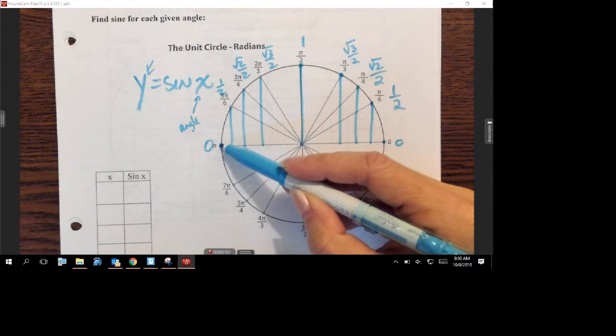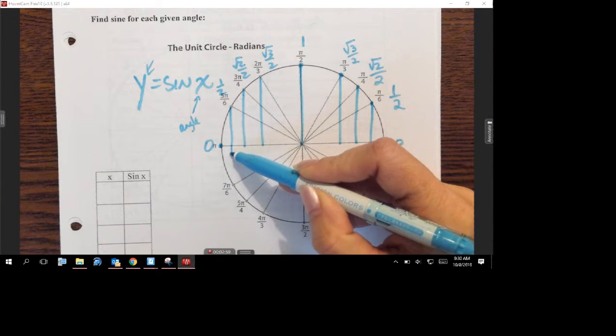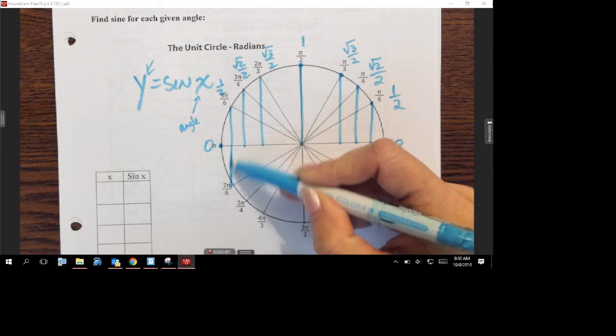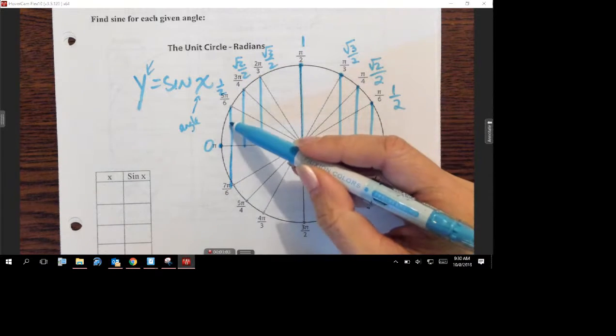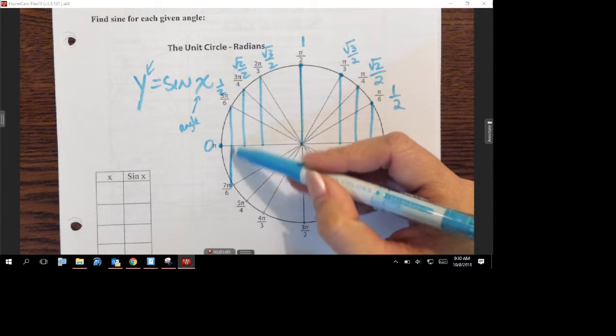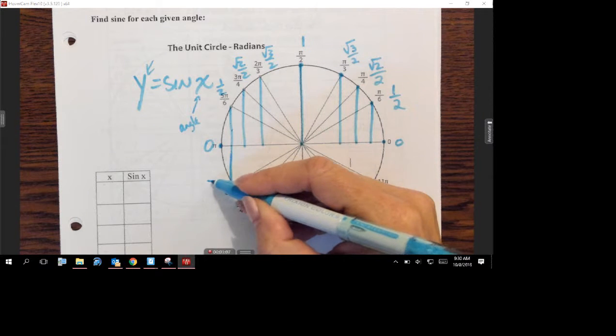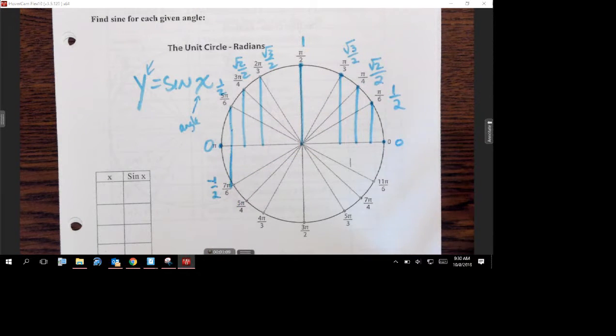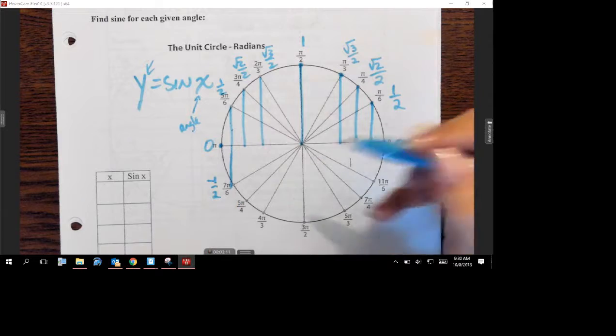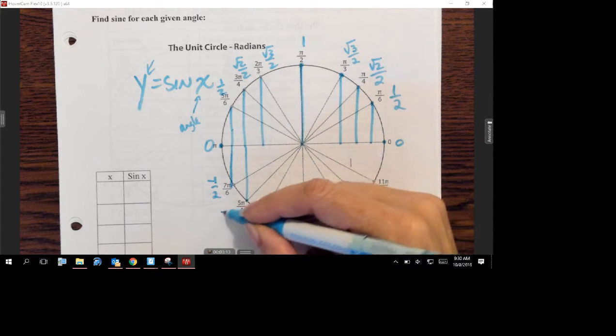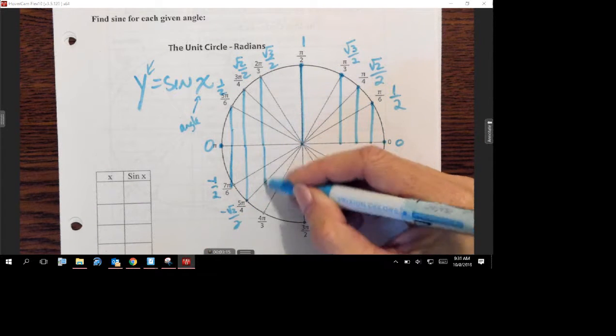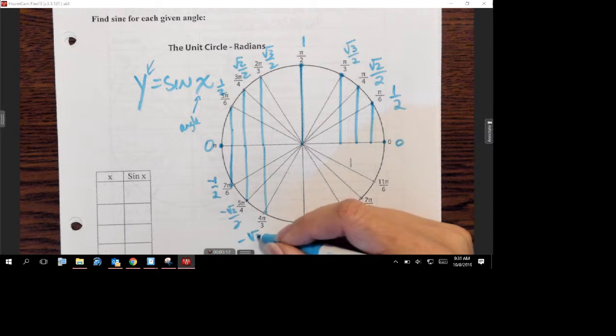And then when we go past pi, now what happens to this y value? It's the same as the value above it, except what? It's negative now. It goes down a half. It's still a half long, it just goes down. And then we've got down, radical 2 over 2. And then down, radical 3 over 2.